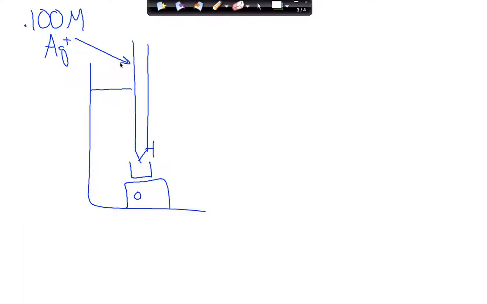So what is then in the beaker? Our chloride water. This is our sample. This is the thing that we are titrating. And guys, that's it. We don't even need an indicator for this titration because it's not acid-base.